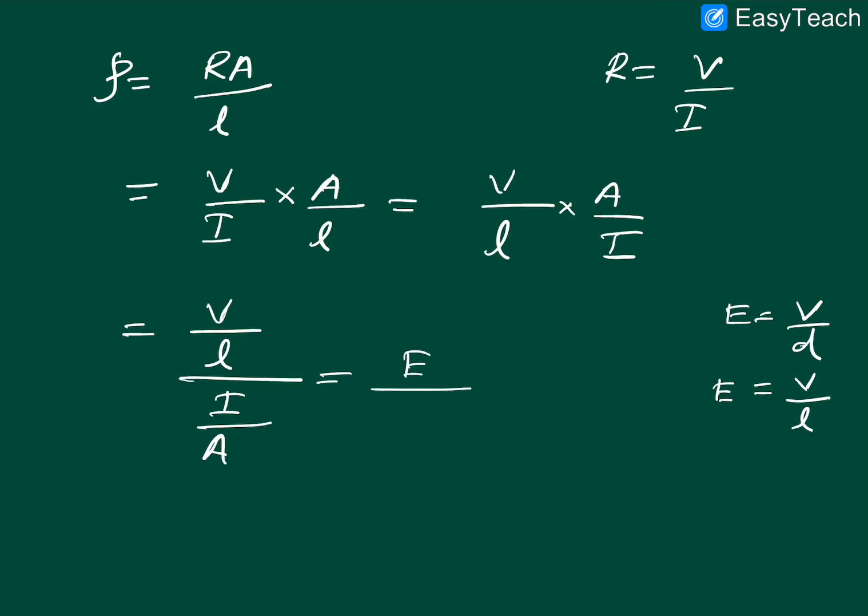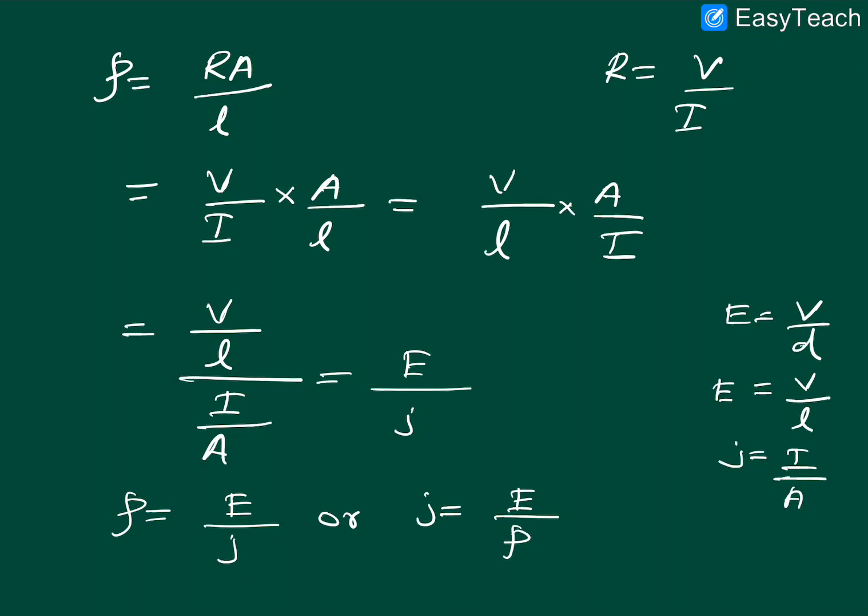What is I by A? In the first lecture you can see a quantity current density J is equal to I by A. So this is current density. So you got rho is equal to E by J, or what you can say, J is equal to E by rho, and 1 by rho is called sigma, where sigma is the conductivity.